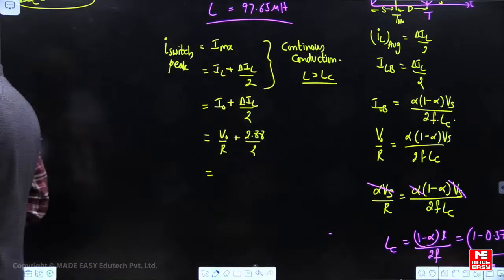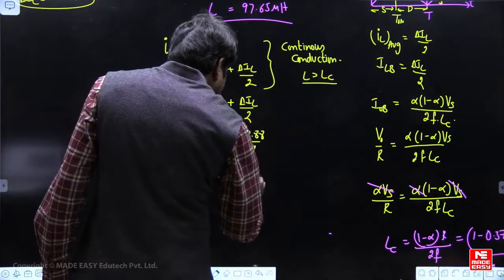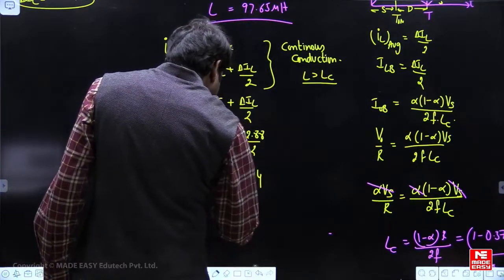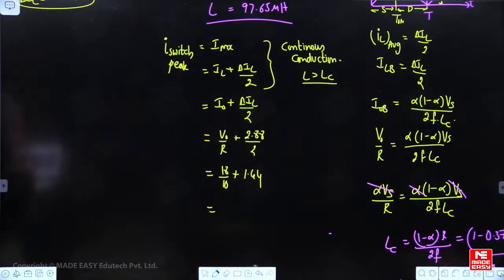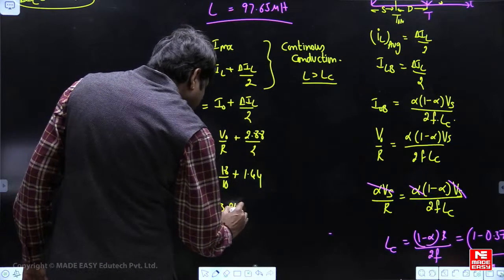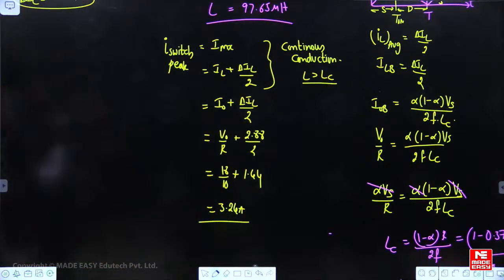V naught is 18, so 18 by 10 plus 1.44. 1.8 plus 1.44, 3.24 amperes. So you will get 3.24 amperes. So that is the peak current passing through the switch.